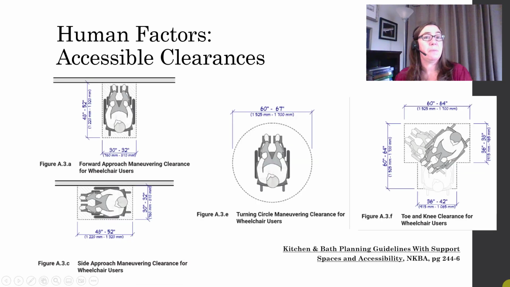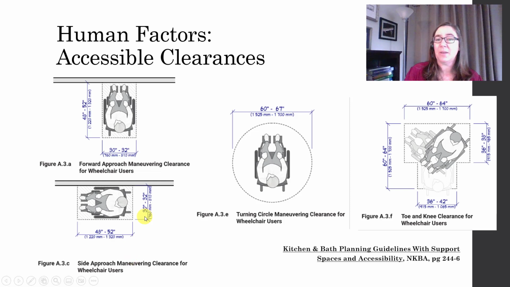Once again, people in wheelchairs or motorized scooters tend to be the most restrictive case, so we use them as an example. You need to make sure that people are able to use a forward approach or a side approach to access any of the work areas or the fixtures or appliances in your designs.